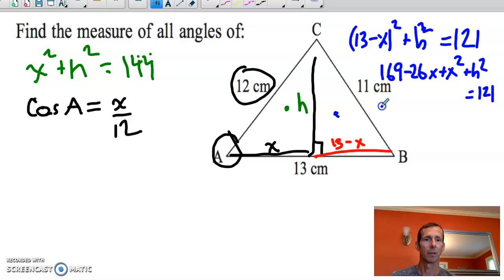So that would leave me h squared equals, when I subtract this stuff away, I'm going to subtract 169. Let me do this in this lovely shade of purple. So I come over here and I subtract 169, and that should give me a negative 48, I believe.